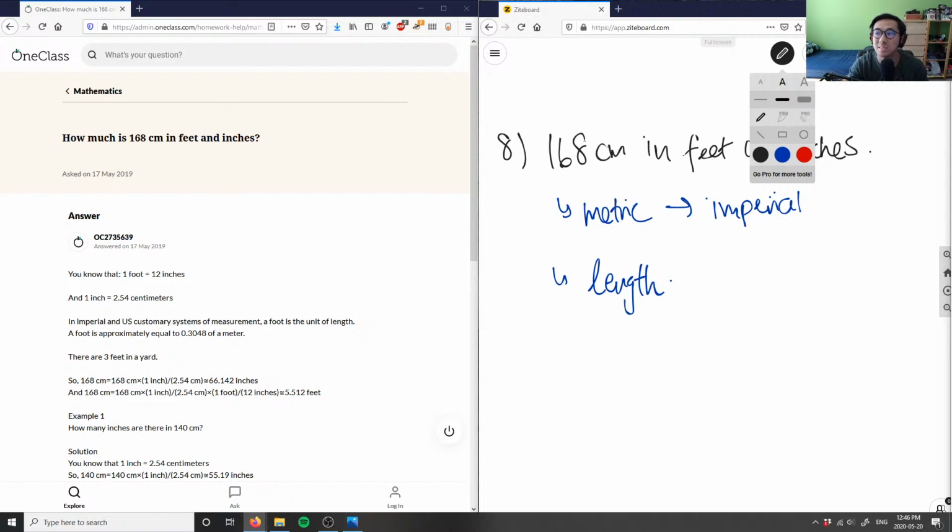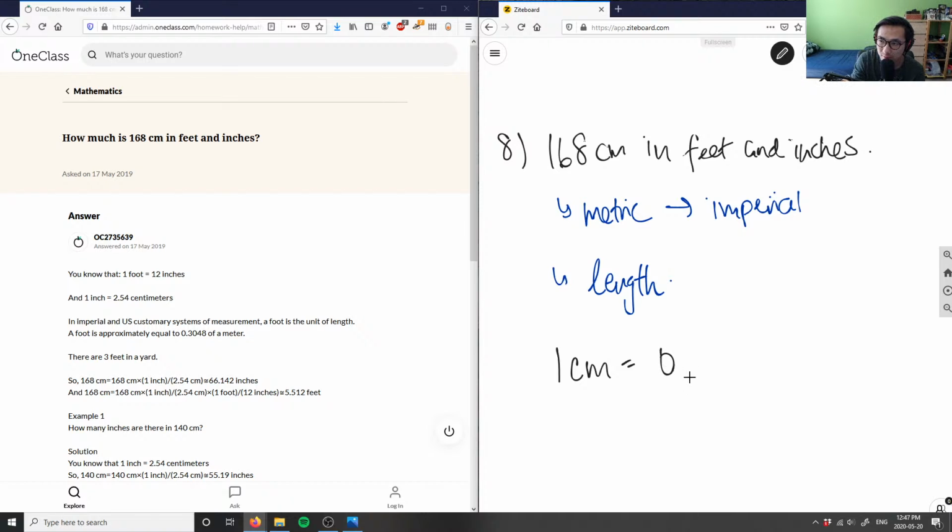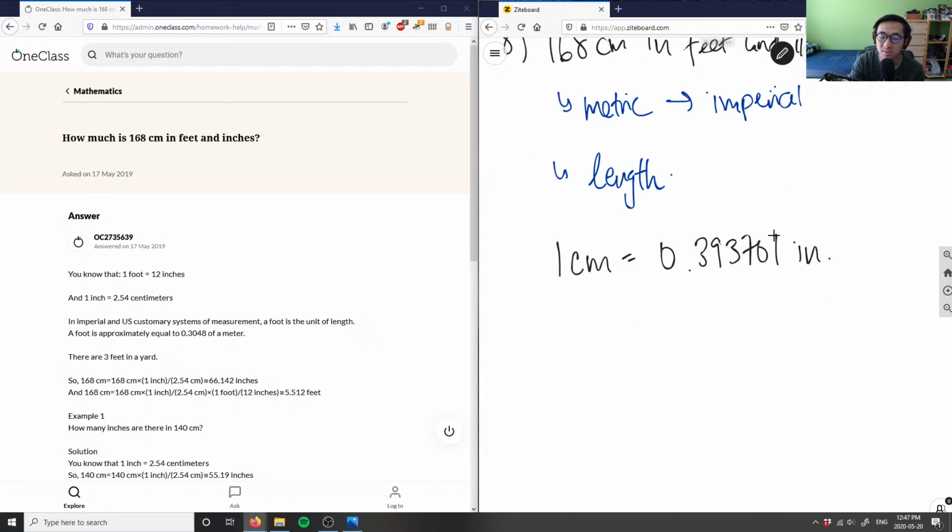So I want to convert centimeters into inches first. So what I would do is, I know that 1 centimeter, the conversion factor for this is 0.393701 inches. So if I were to convert this, I simply have 168 centimeters. I'm going to multiply it by the conversion factor, right?